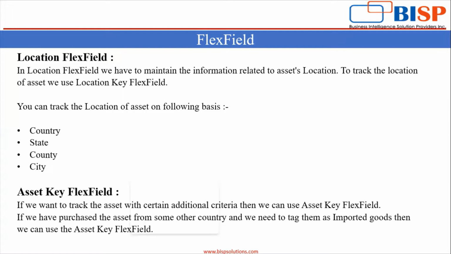So on the basis of category, we can maintain the asset information in the category flex field. And when it comes to location of asset, we have a separate, or we can say specific flex field, that is location flex field. But if we want to maintain the information of asset on the basis of certain specific criteria, then we can use asset key flex field.